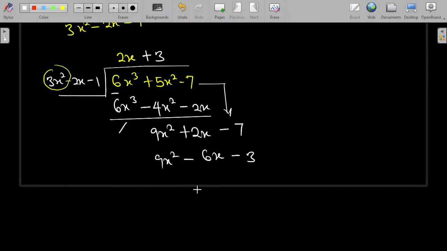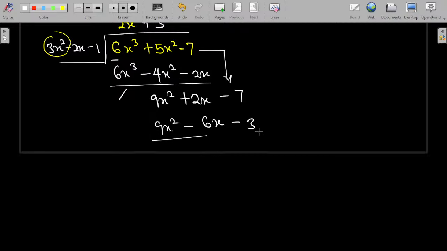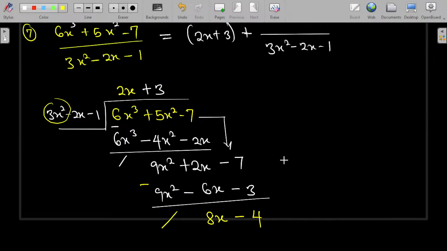So we will now subtract to check for remainder again, and this will cancel out as 0, and 2x minus minus 6x will give us 8x, and minus 7 minus minus 3 will be minus 7 plus 3, which will give us minus 4. And then you will see that 3x squared can no longer divide 8x, and so that is how we now form a remainder.